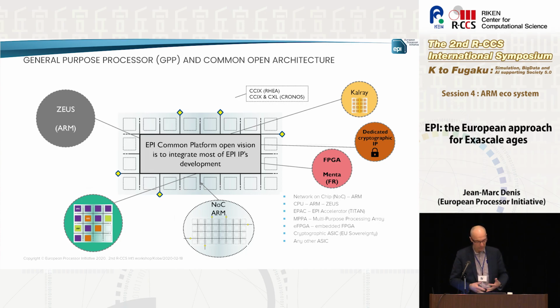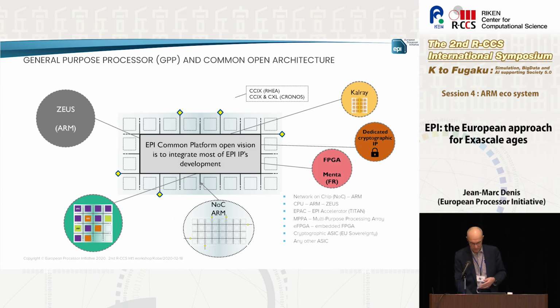So the concept is to have the common platform to integrate different IP at the tile level. So now we have external interfaces with HBM, with DDR5. It's HBM2E, also with DDR5, with die-to-die connections on PCI Express, and in the future with CXL.